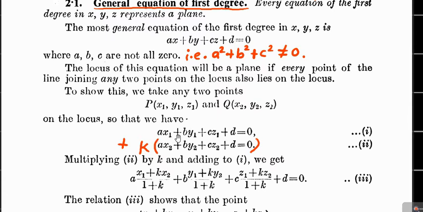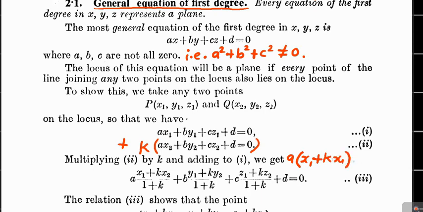We'll simplify this one. So we'll get ax1 plus kax2. From these two terms, we'll take a common. Therefore, we'll get a into x1 plus k into x2.